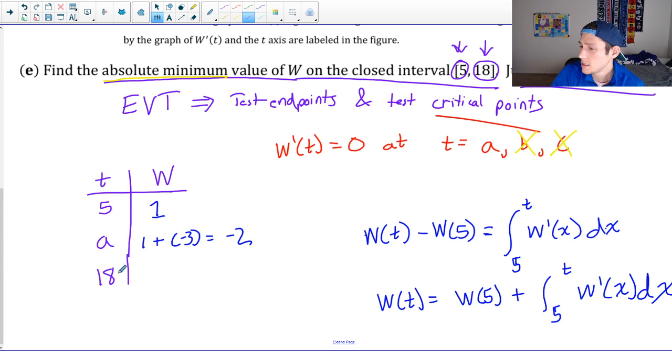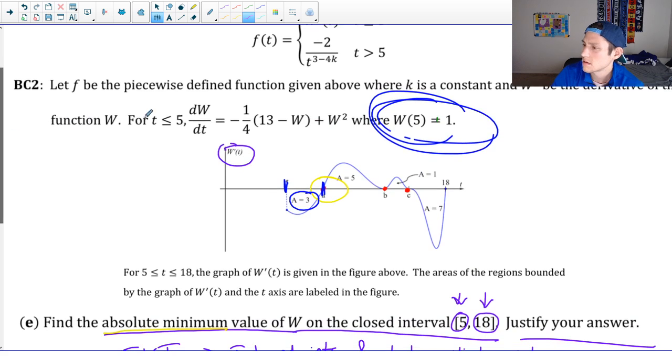Now for 18, so W of 18, again using this expression, is W of 5, which is 1, plus the area under the curve from 5 to 18. Let me erase this stuff just to make it a little bit easier to look at. Starting at 5 all the way up to 18, what is the area under that curve? Well, let's add it up.